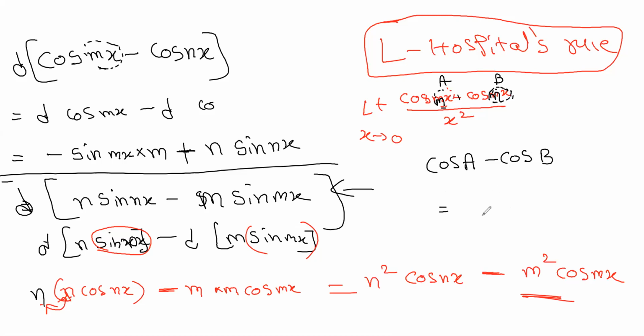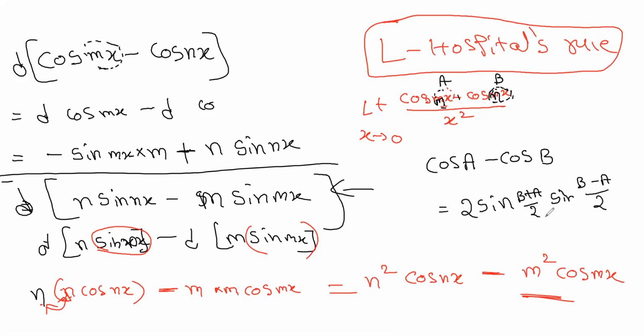So here cos A minus cos B, you can write it as 2 sine of B plus A by 2 into sine of B minus A by 2.